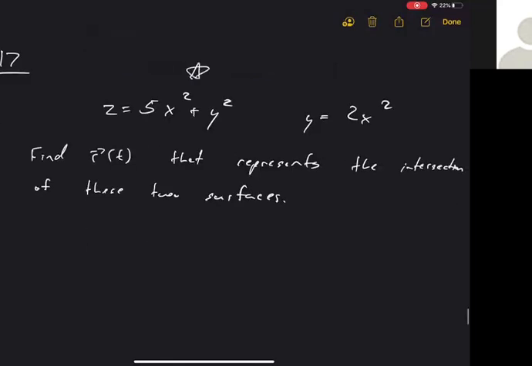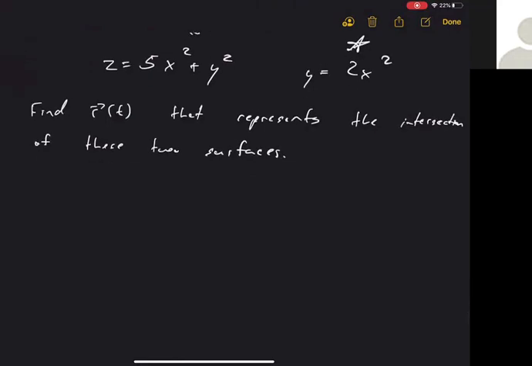So what's going on? These equations give me surfaces in R3. What is y equals 2x squared? Just a quick sketch; the picture is not going to help us too much, it might just give us an idea of what this problem is asking.